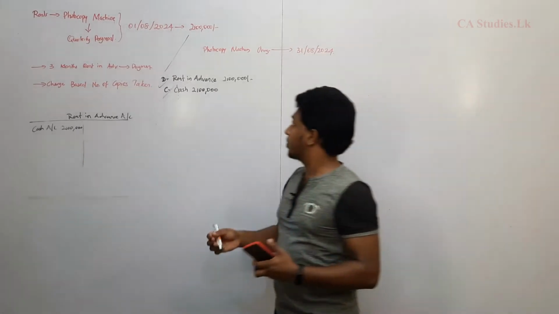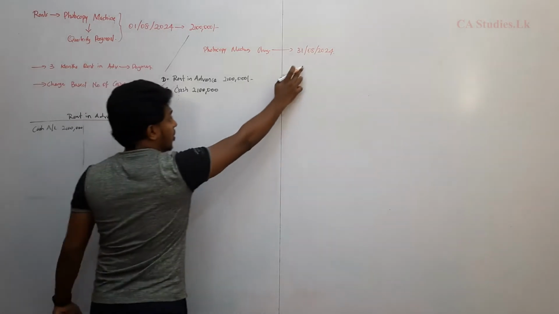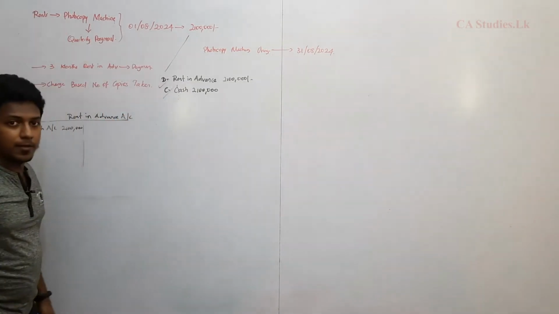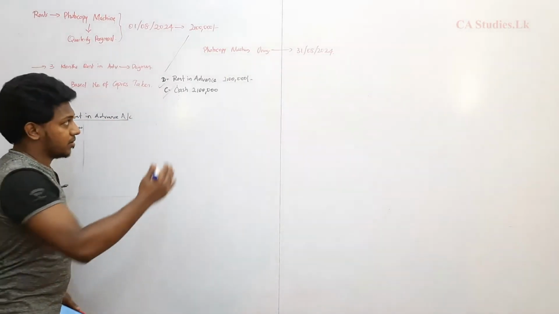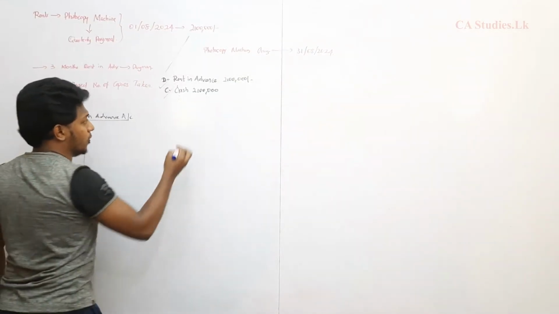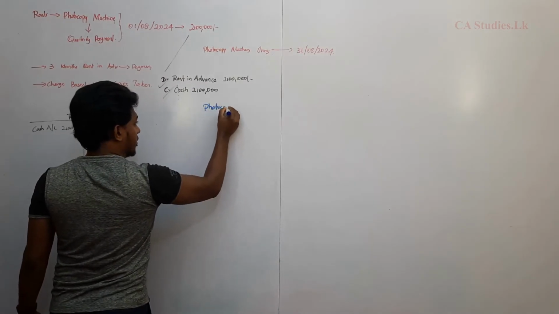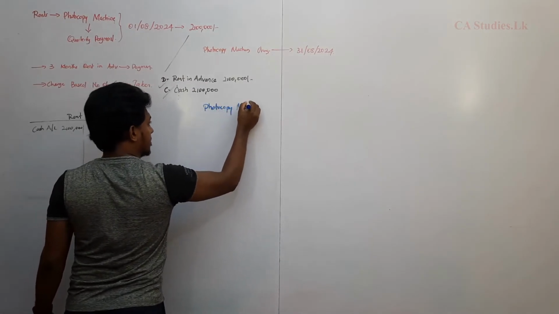Now the question asks us, at 31st August 2024, what is the prepayment balance, what is the expense. Now we are getting the bill, again a bill, photocopy machine bill.